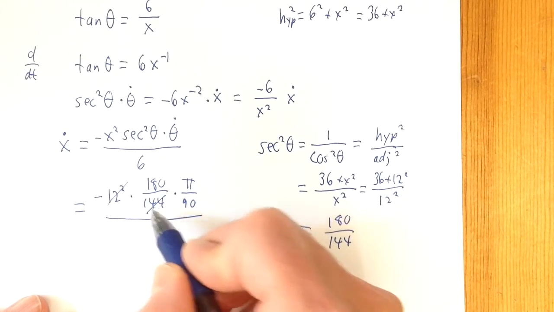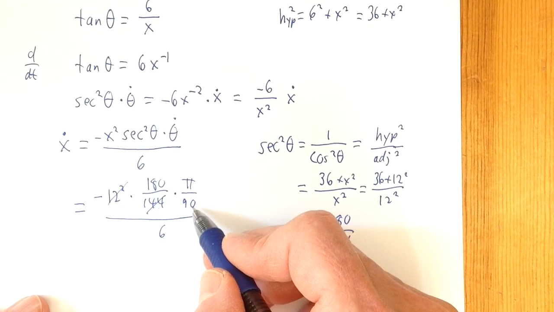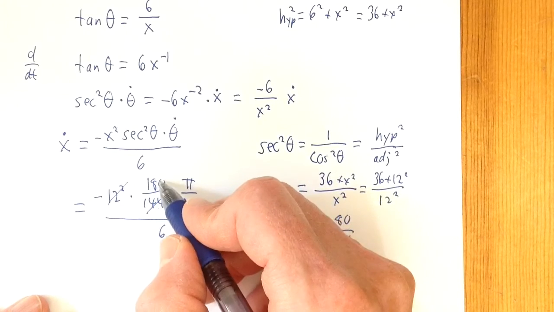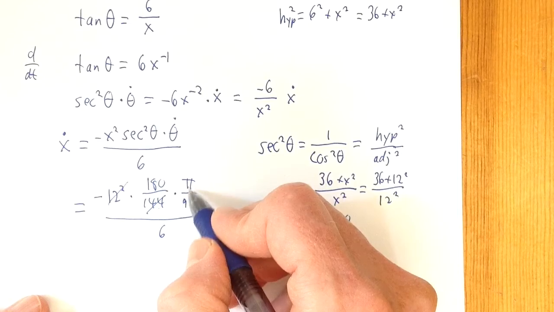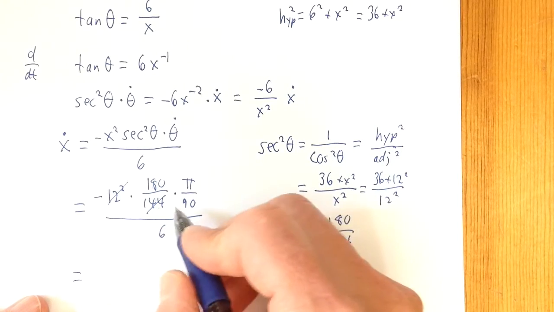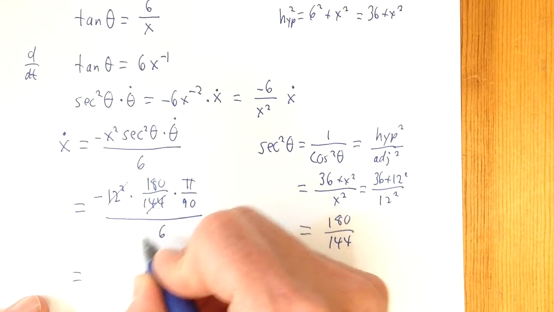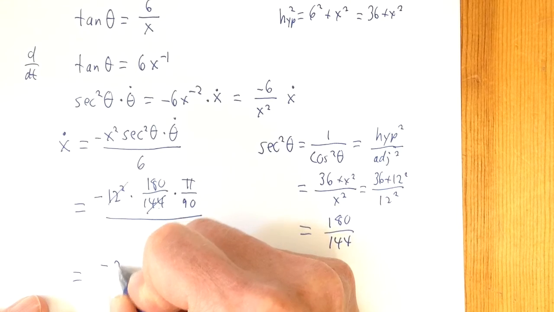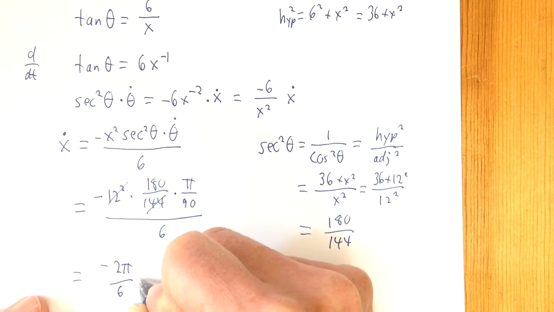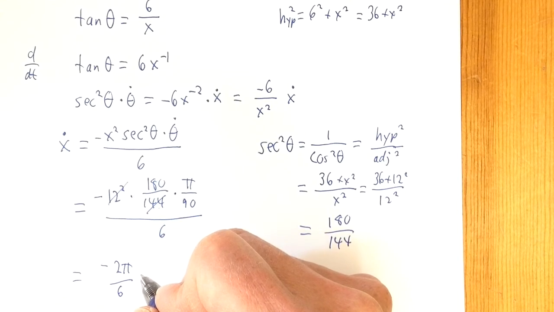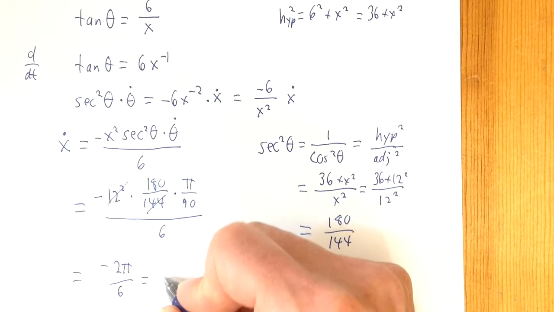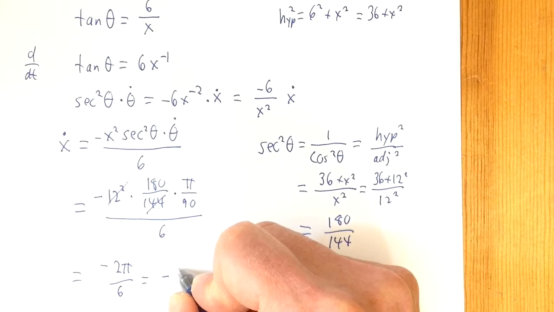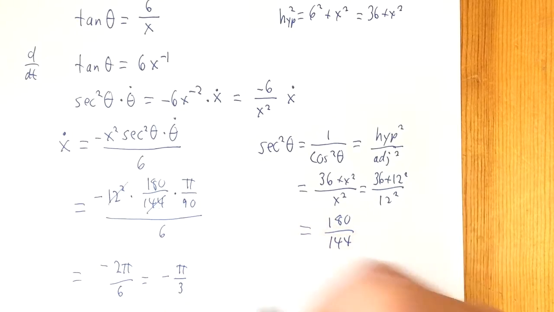Those cancel. 180 divided by 90 is 2. So on the top we have 2 pi over 6. Yep, negative 2 pi divided by 6, which is just negative pi over 3.